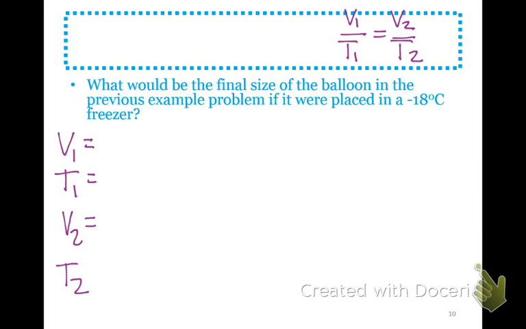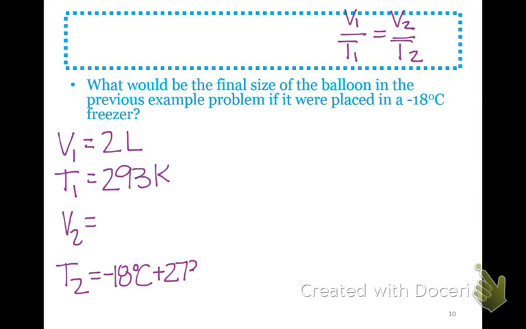Okay. And so they gave us, in the last one, they gave us 2 liters. They gave us a temperature of 293. And now they're asking us to change that temperature to -18. And this is why it's so important for us to put our temperatures in kelvins, because that negative 18 would really mess up our calculations.